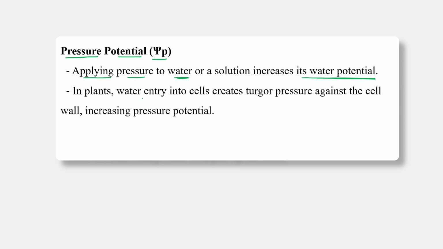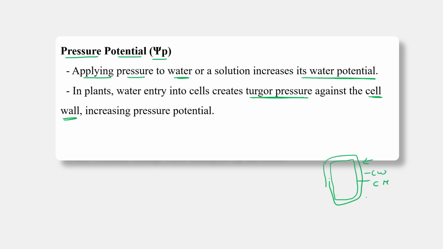So in plants, water entry into the cell creates turgor pressure against the cell wall, which increases pressure potential. There is a cell, there is a cell wall, cell membrane.